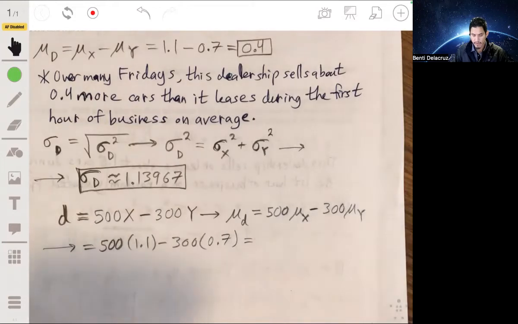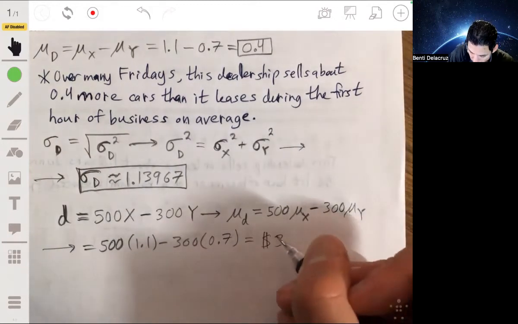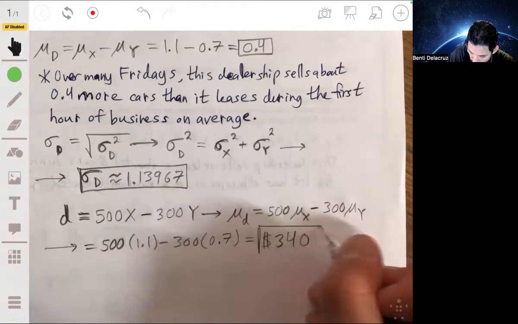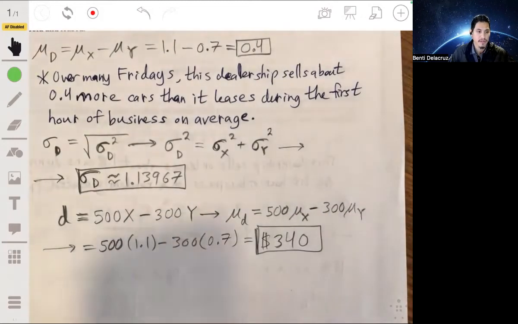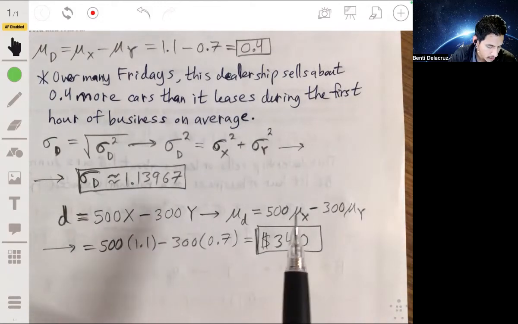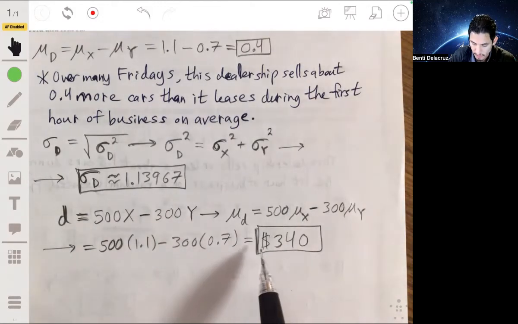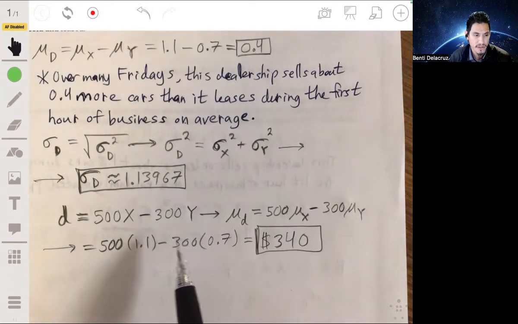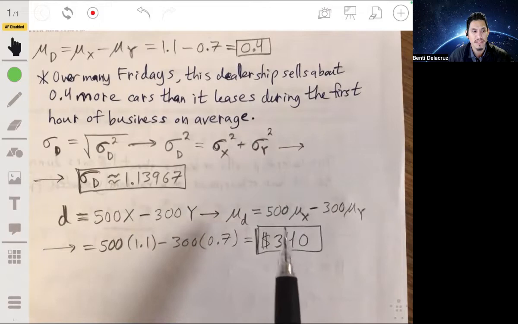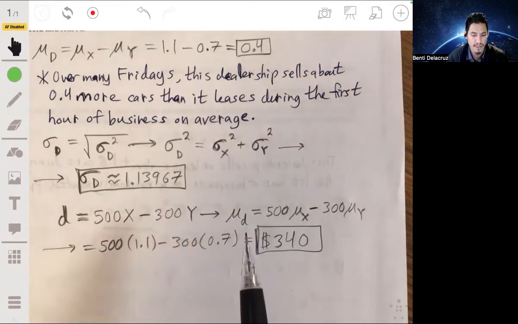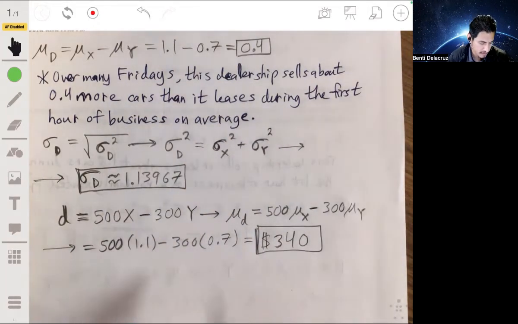That gets $340 for the mean difference in bonuses. So it looks like he's making more money from bonuses in cars sold, because again, we're doing X minus Y. On average, he's making $340 more in bonuses from cars sold than cars leased.